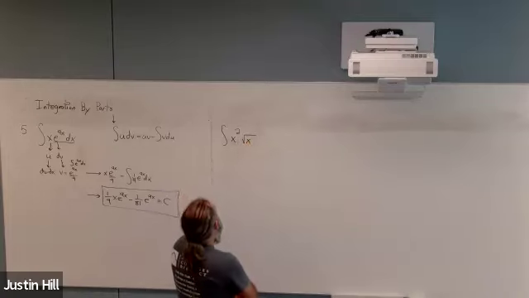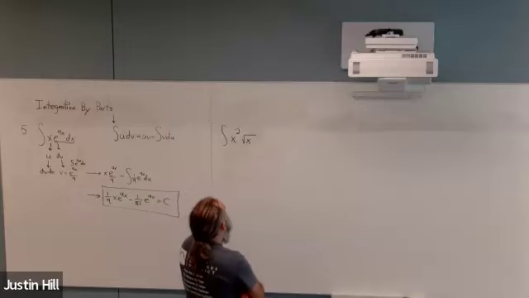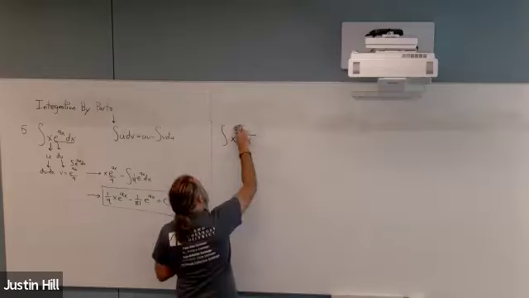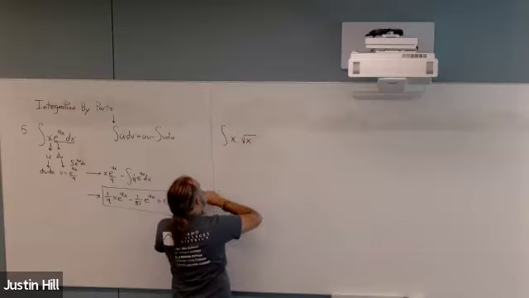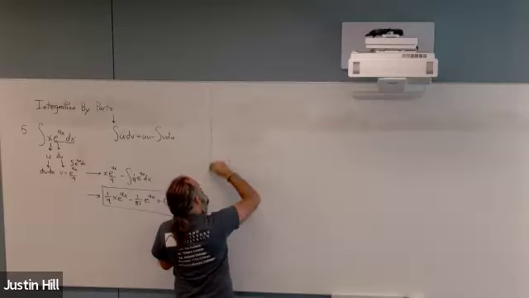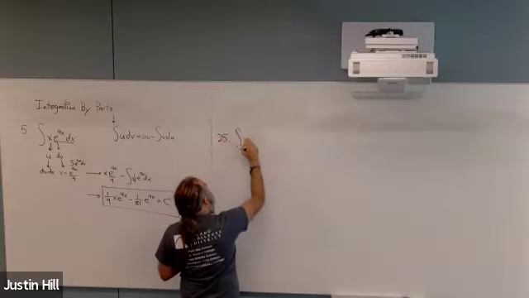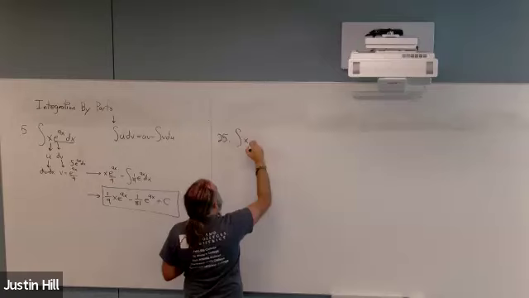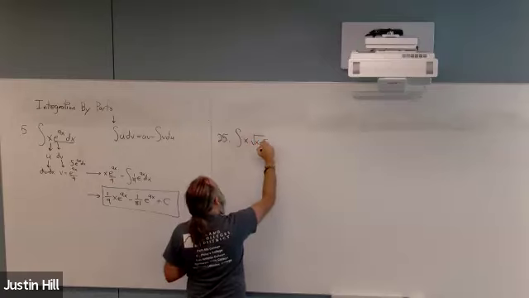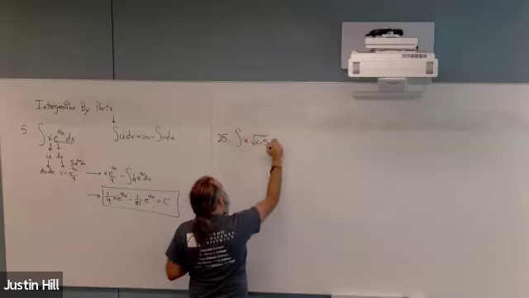Give me a second. Actually, no, let's keep it like the one in the book. This is actually number 25 in the book. It's just over there. This is the integral of x times the square root of x minus 5 dx.